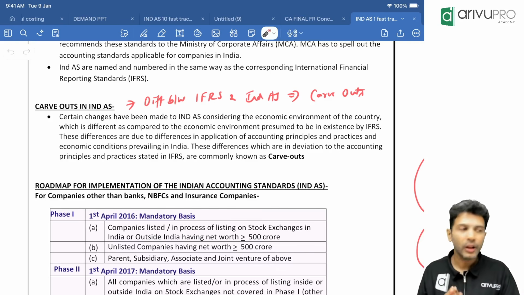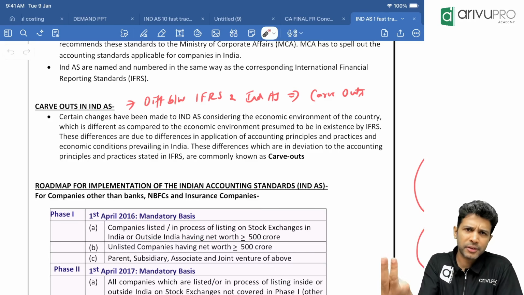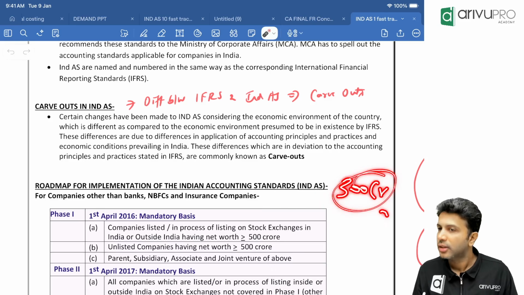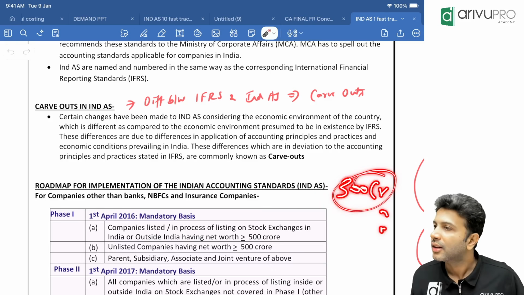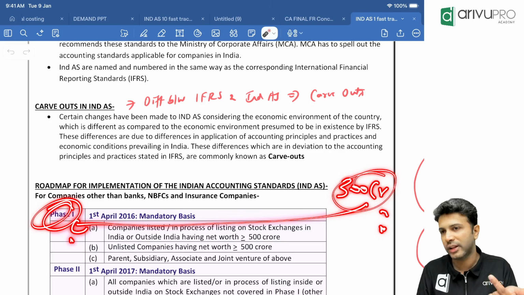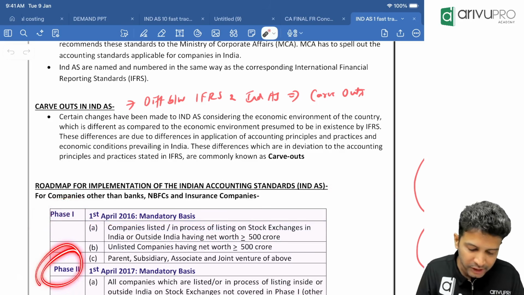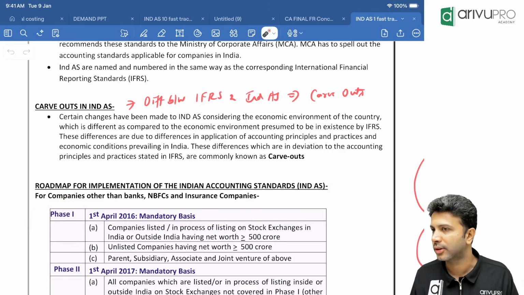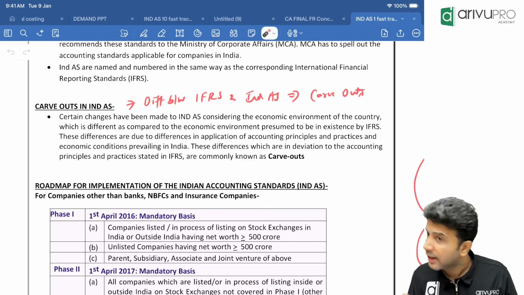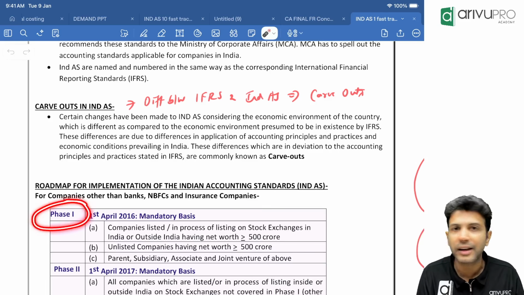Comfortable? Okay. Let's say a particular company's net worth is only 300 crores. Did they satisfy phase 1's criteria? No, they failed. Now there may be a possibility you get covered under phase 2. Phase 2 means all listed companies which did not get covered under phase 1.